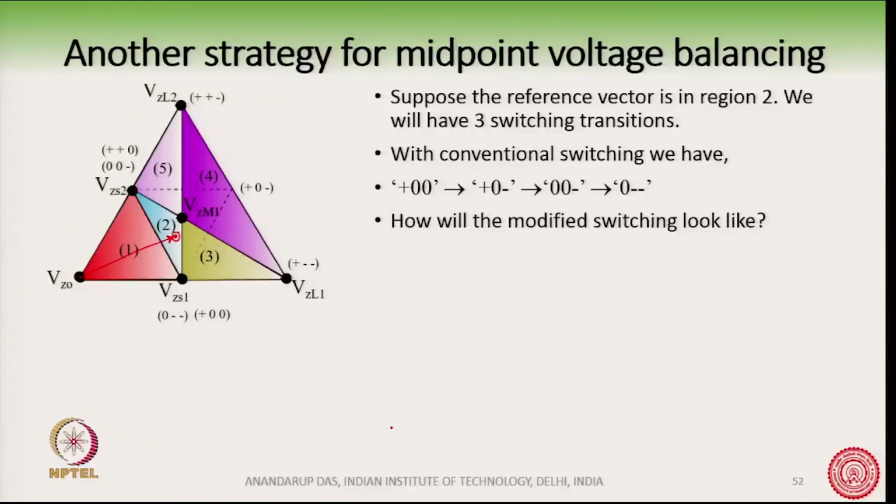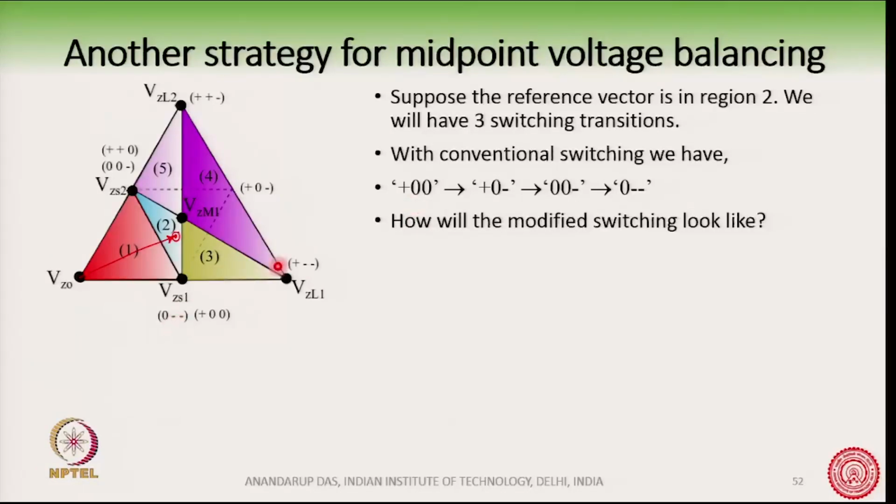We will now compare how much extra switching there is due to the virtual vector. What happens in a conventional space vector PWM for NPC, and what happens when we introduce this virtual vector. If we had used conventional switching to realize this vector, what would we have done?